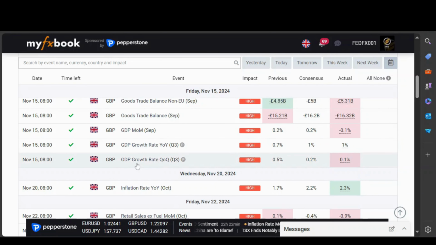Then we had GDP growth rate at the quarter level, quarter three, and we still had an expectation of 0.2%, and we had an actual release of 0.1%, that is lower than previous 0.5%. So this is a lot of declines. That is a 0.4 decline from previous data, and it's not positive for us for the long term, right?